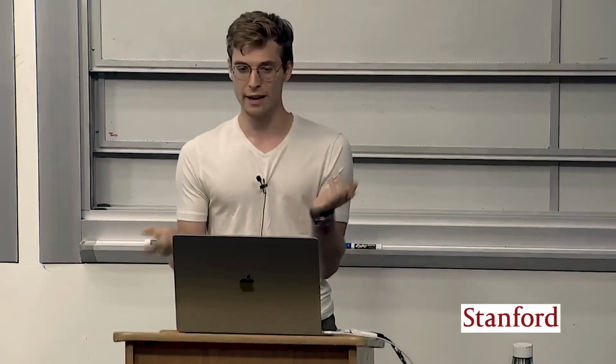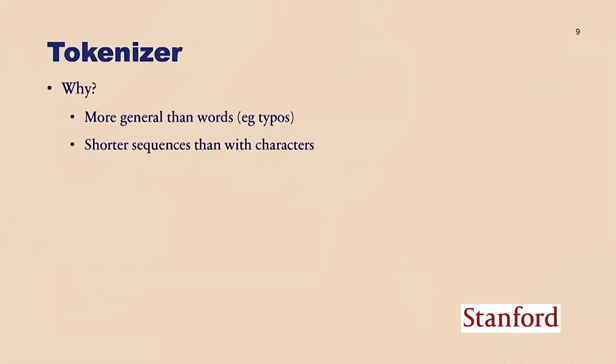So what do you do next? Also, words are fine with Latin-based languages, but if you think about a language like Thai, you won't have a simple way of tokenizing by spaces because there are no spaces between words. So really, tokens are much more general than words. Second thing that you might think is that you might tokenize every sentence character by character.